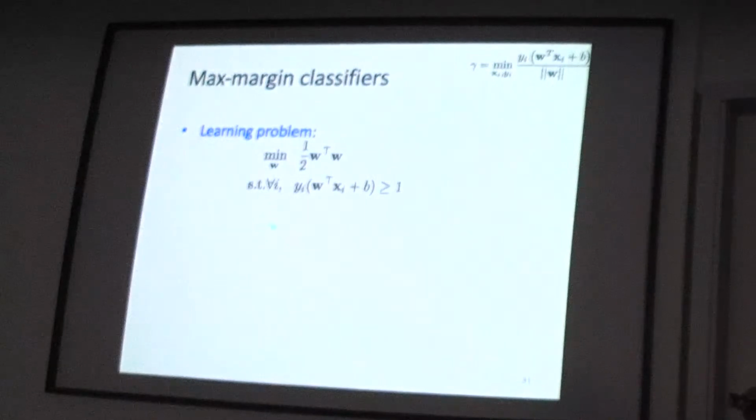And also, as we mentioned, we want to restrict W, B to a small subset such that the minimum function margin is 1. That is equivalent to requiring that for every training example, this function margin is at least 1. So this is our constraint part.